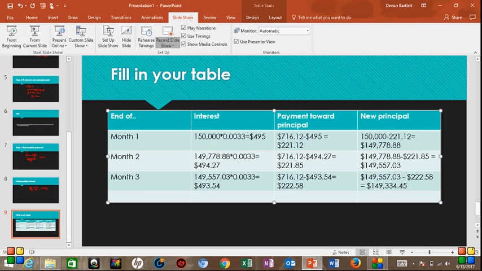So at the end of 3 months, you're pretty much paying off about $700 of your principal, give or take a little bit. And they haven't quite knocked off $1,000. It'd take about 4.5 months to knock off your first $1,000.